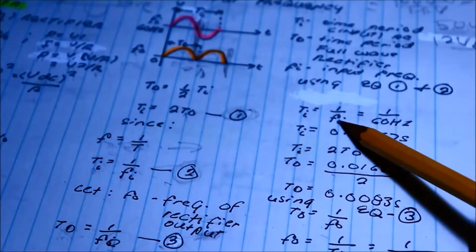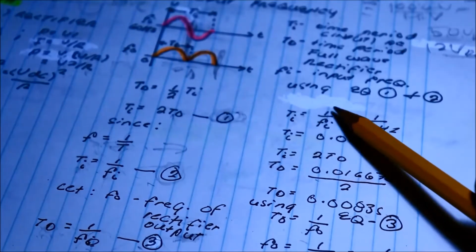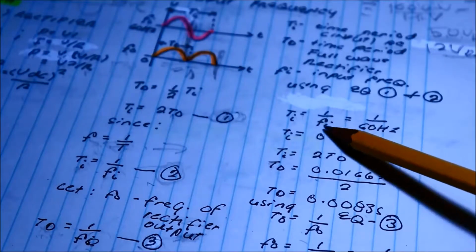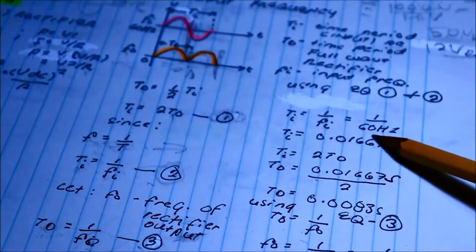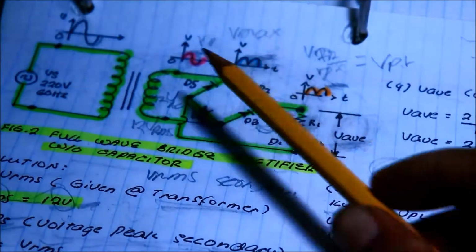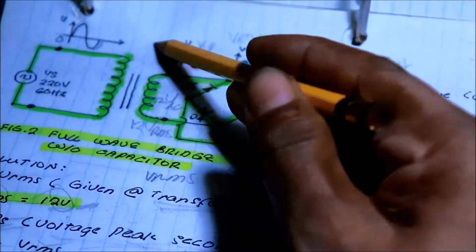Using equation 2, Ti is equal to 1 over Fi. We know the input frequency of the secondary, 60 Hz. Remember, 60 Hz primary, 12 volts, still 60 Hz.